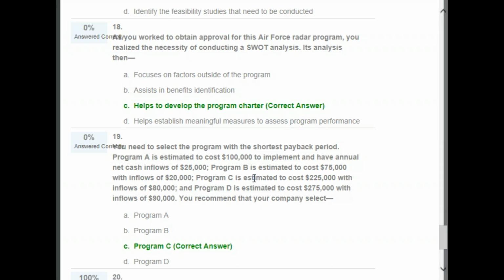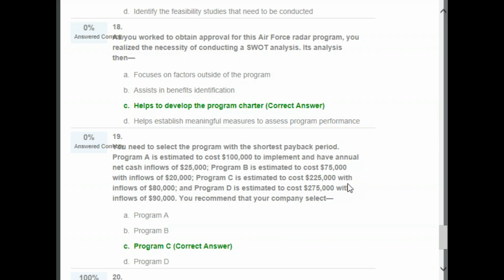In project B, 75,000, with inflows of 20,000, so 20, 40, 60, it is in the fourth year. Exactly 4 years.